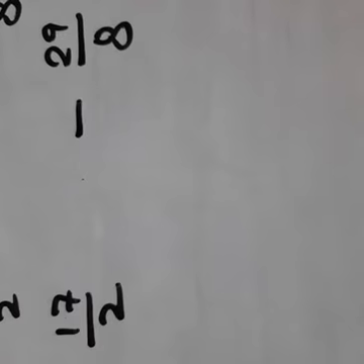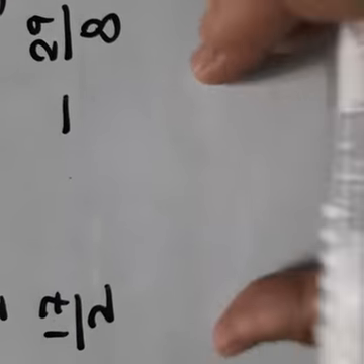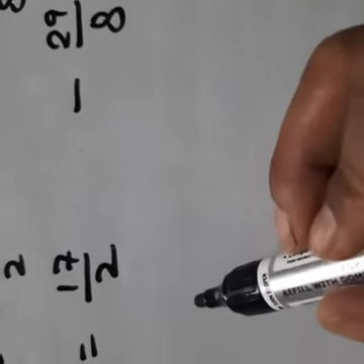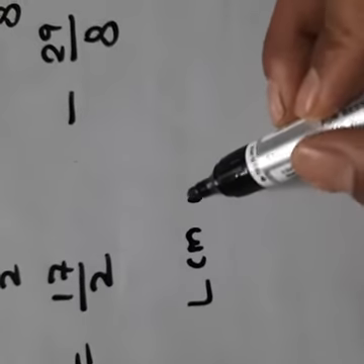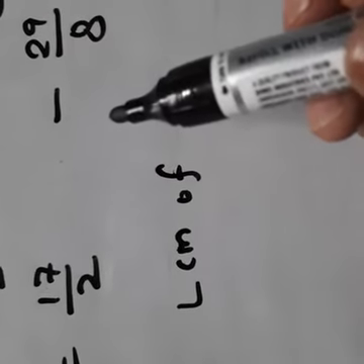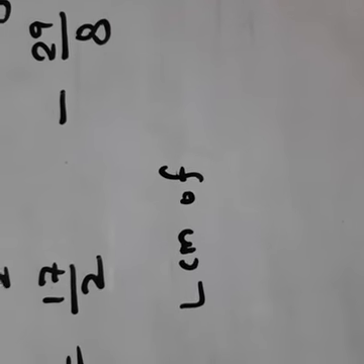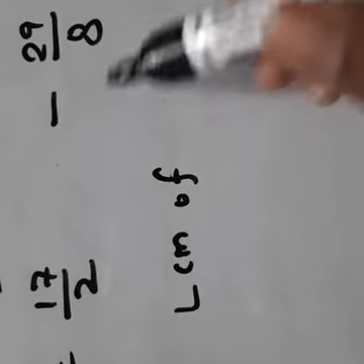Now, students, either by taking LCM or by cross multiplication you can solve this. Because the denominators are not equal, we are taking LCM. Whenever the denominators are not equal, you have to take LCM, and we take LCM only to make the denominators equal.